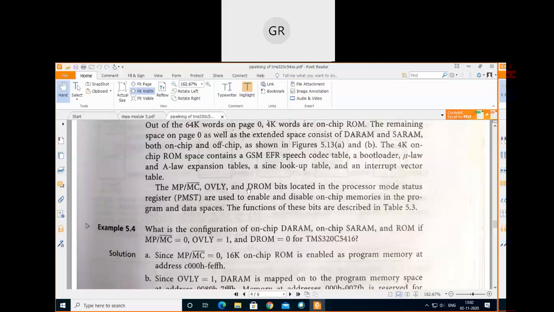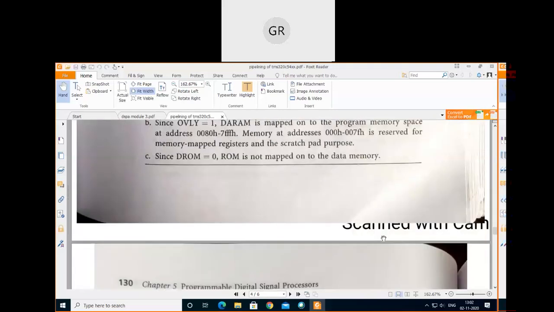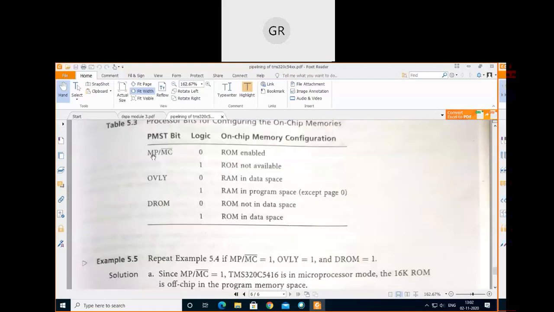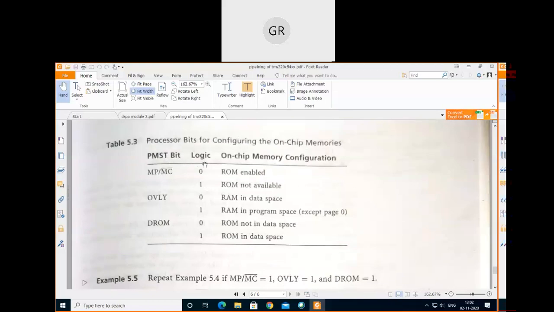In the table given here, you can enable or disable the on-chip memory configuration. For MP/MC bar, when this bit in PMST is 0, then ROM is enabled.